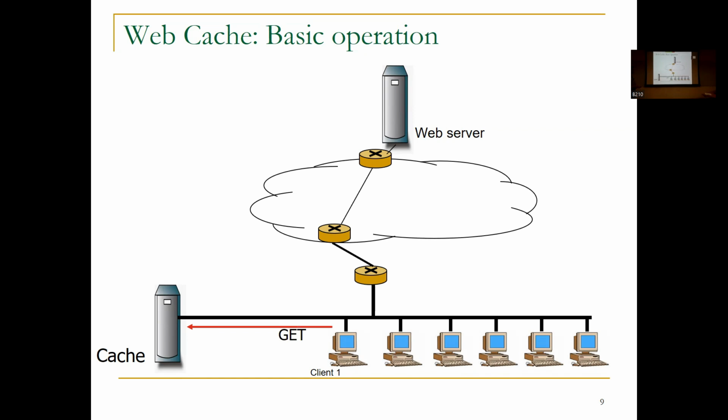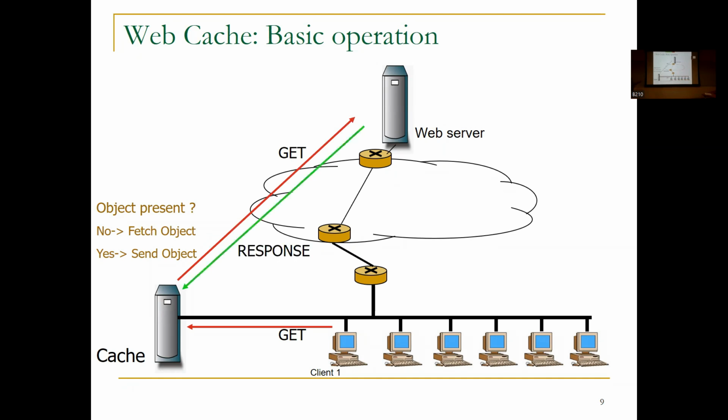Any request, so GET is a kind of request for data, is made, and then you have a scenario here. If the requested data is not available here, then you have to fetch the object from this server. So the first scenario is that it is not available. You have to go through the entire process that we did earlier, and then the data is here, and then it is supplied to the client.